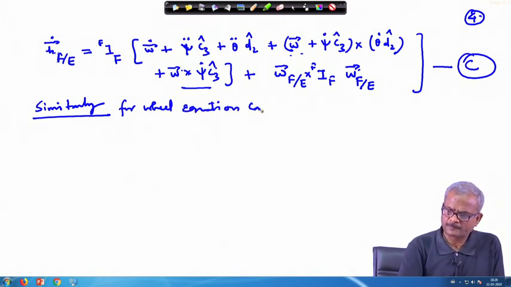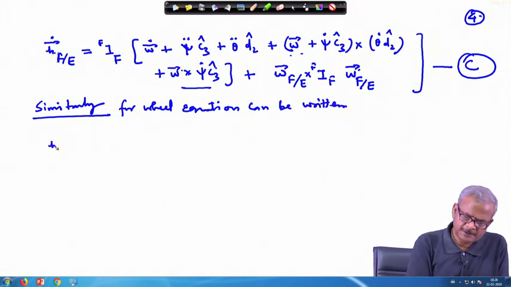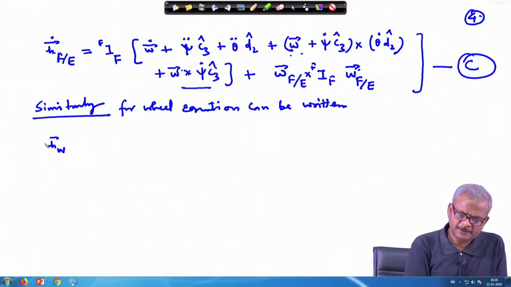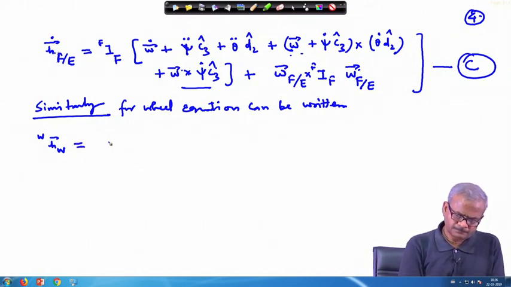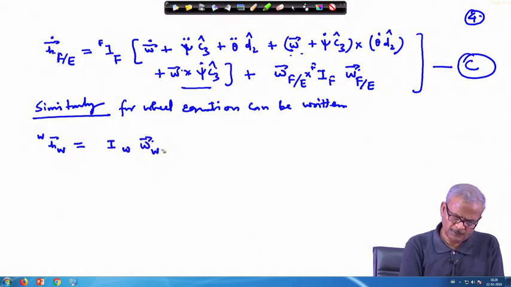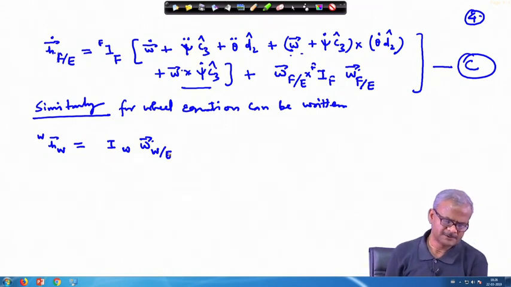Similarly, we write for the wheel equation. Okay. So, in that case H wheel we are writing and that we are writing in the wheel frame itself. Okay. So, wheel is attached to the frame F, which is a rotating frame. Okay. Omega wheel with respect to E, this is the basic equation.